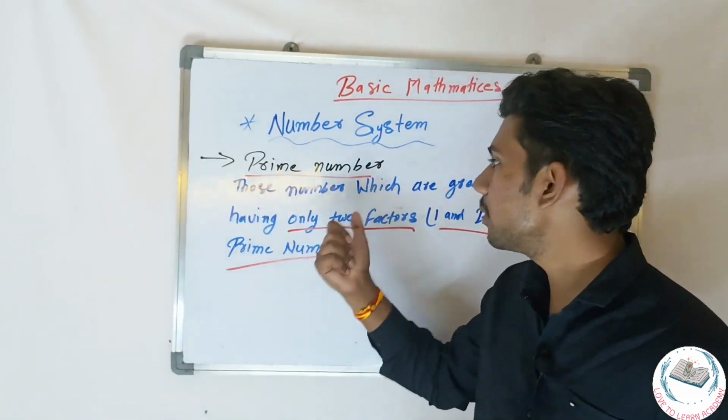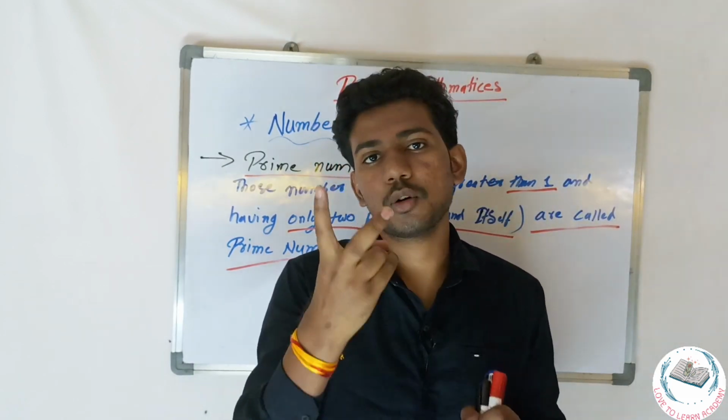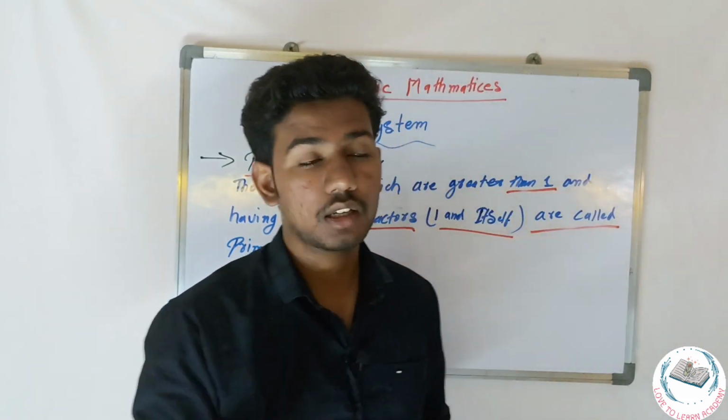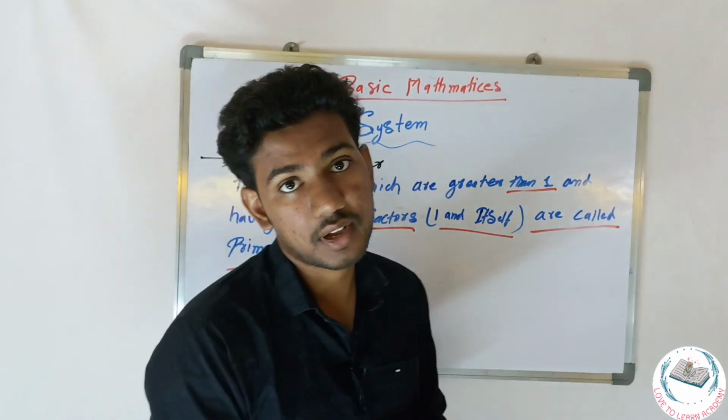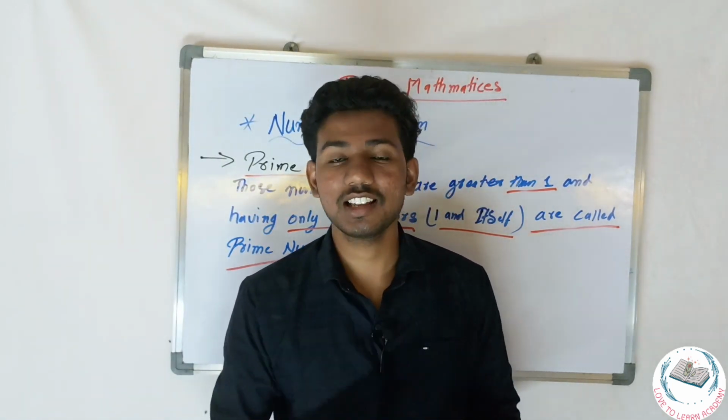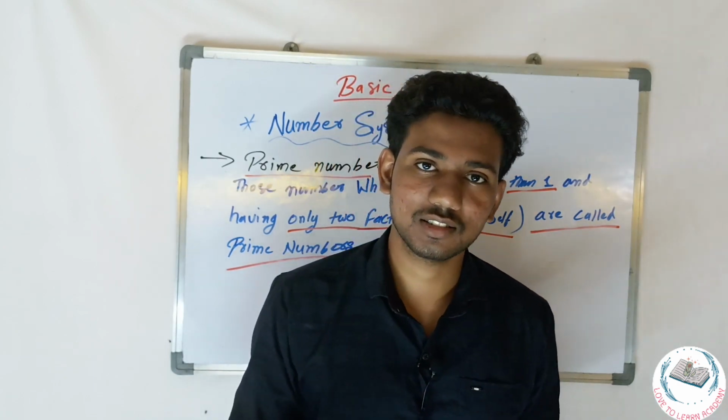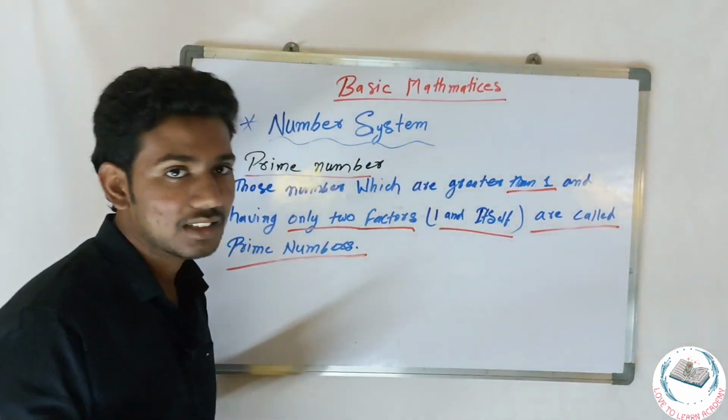A prime number is a number which has only two factors. If you don't know what a factor is, it's very hard for you, so I'll tell you.